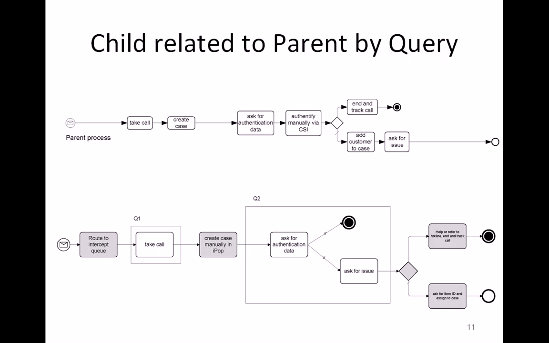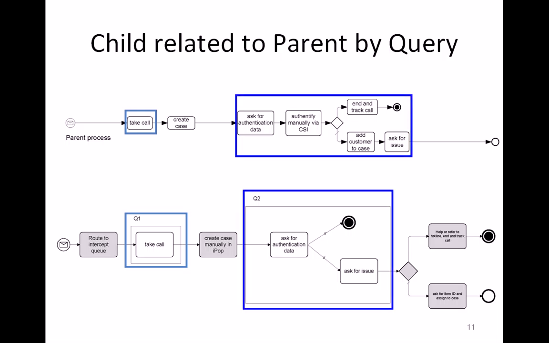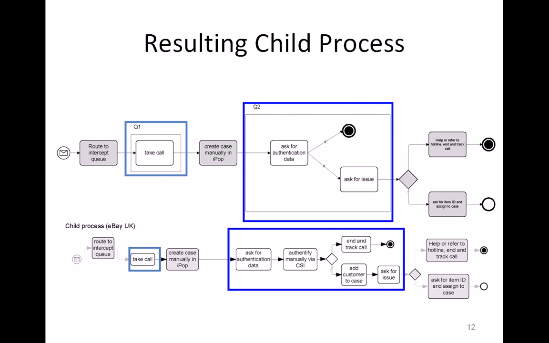When we have the parent process and our partial process model linked to it, we match query 1 against its related part on the parent process, and we match query 2 against its related part, and then the resulting child process is built by linking these parts of the parent process into the child process model. In consequence, any updates that happen to the parent process model will be directly reflected in the child process model.